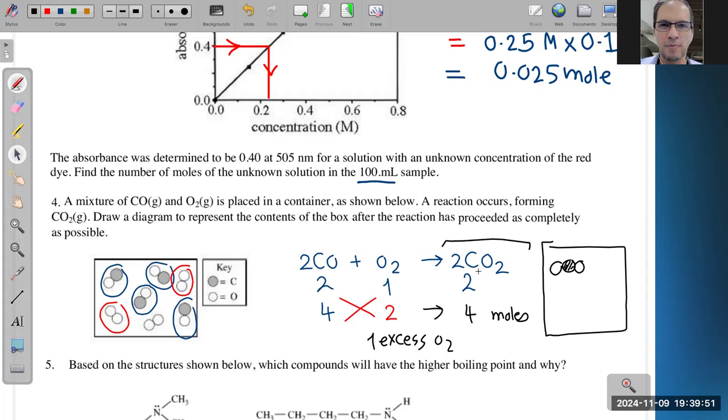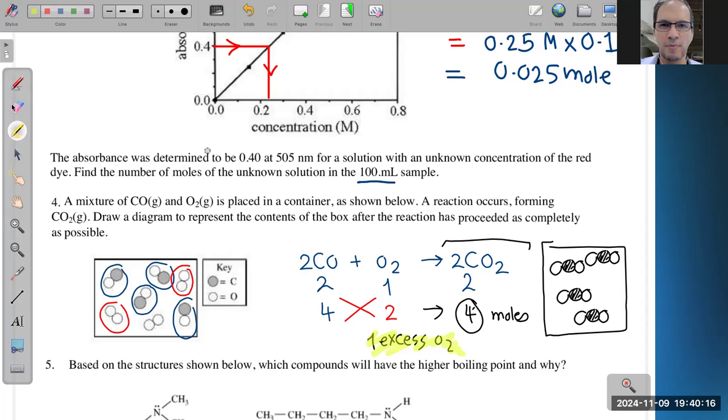And how many times is it repeated? 2 times. No, it's 4 times. The 4 will produce 4. So I have to repeat this 4 times. So I will draw this 1, and then 2, and then 3, and then 4 times the carbon dioxide is produced. But take care, there is something in excess here. So it's not only the carbon dioxide. You said I have 1 excess of oxygen.